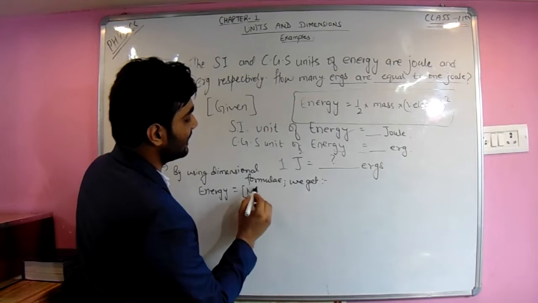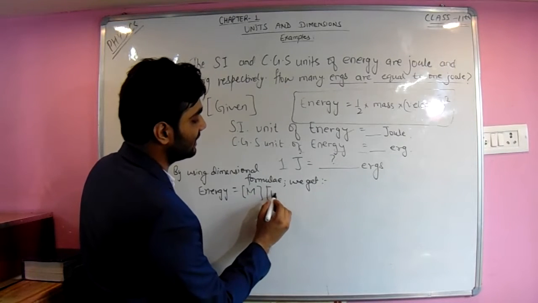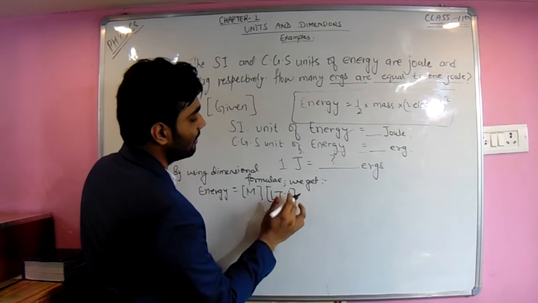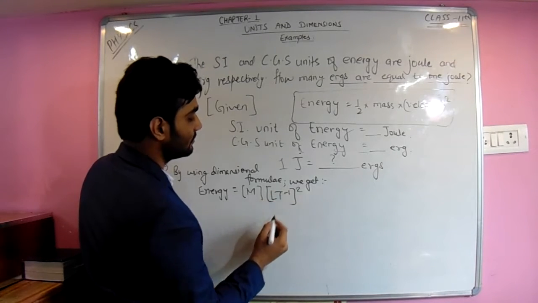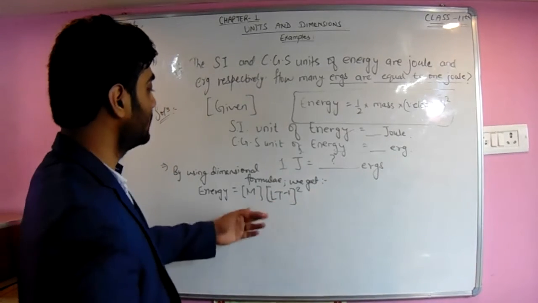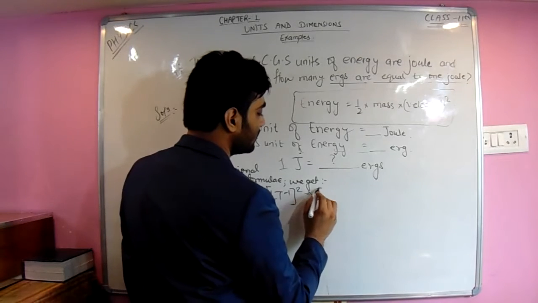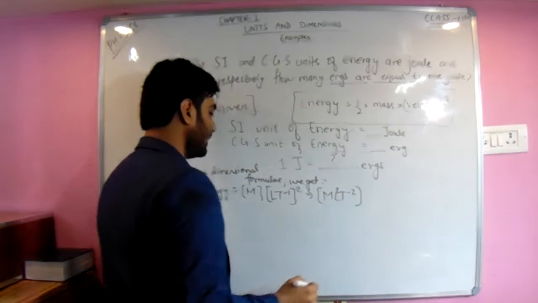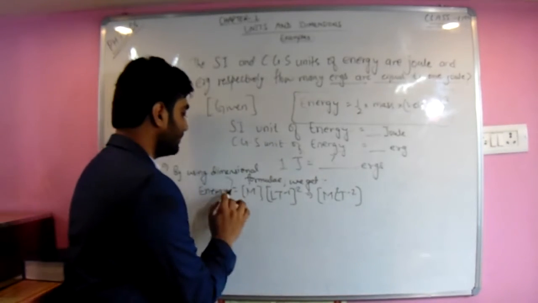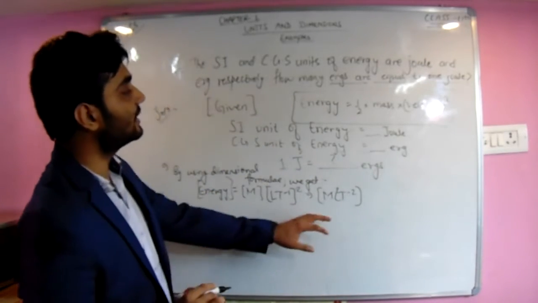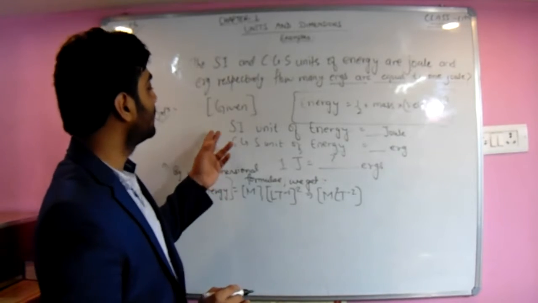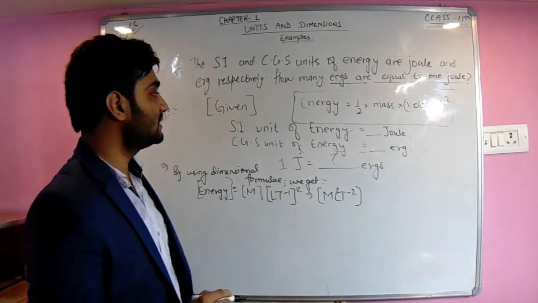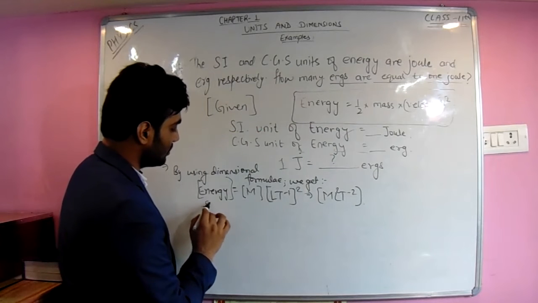Mass has dimension M and velocity has dimension LT^-1, but it has power 2. So by total we get ML^2T^-2, that is the energy dimension.